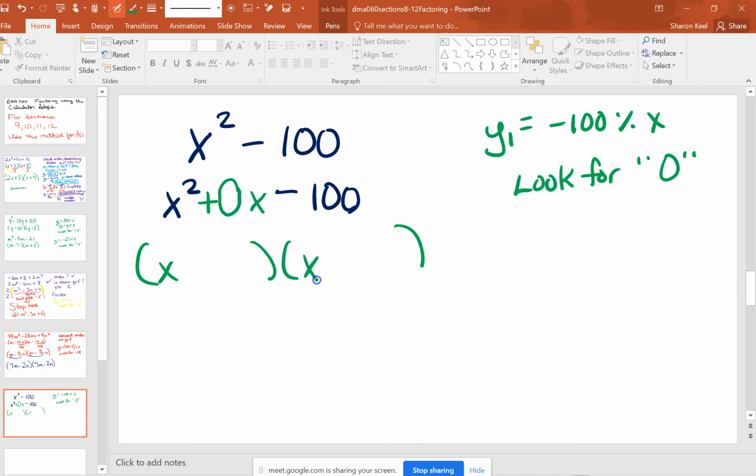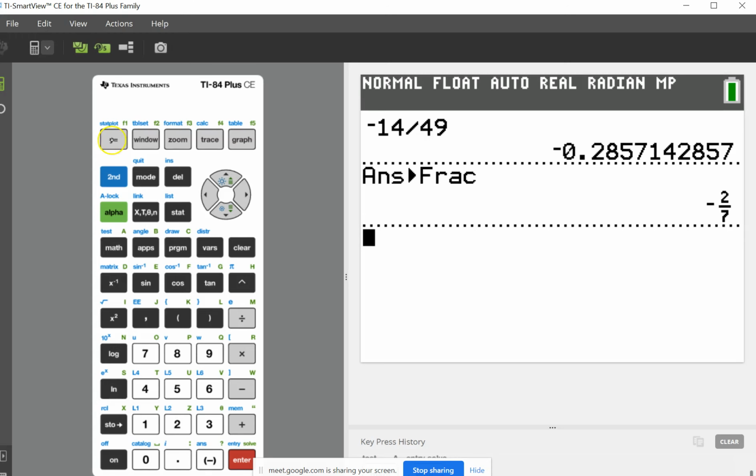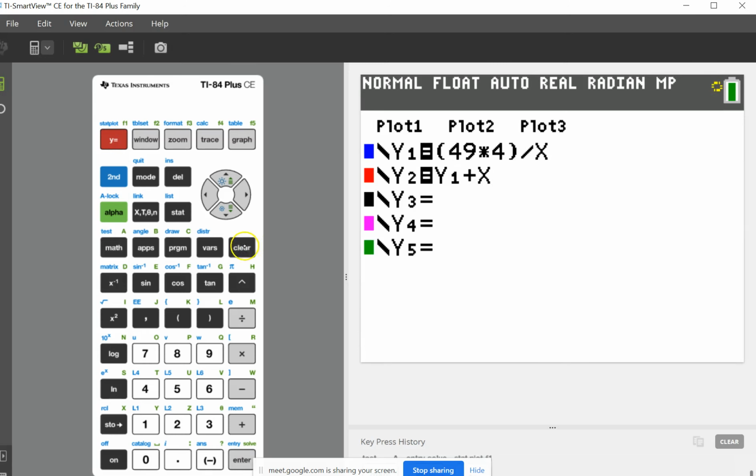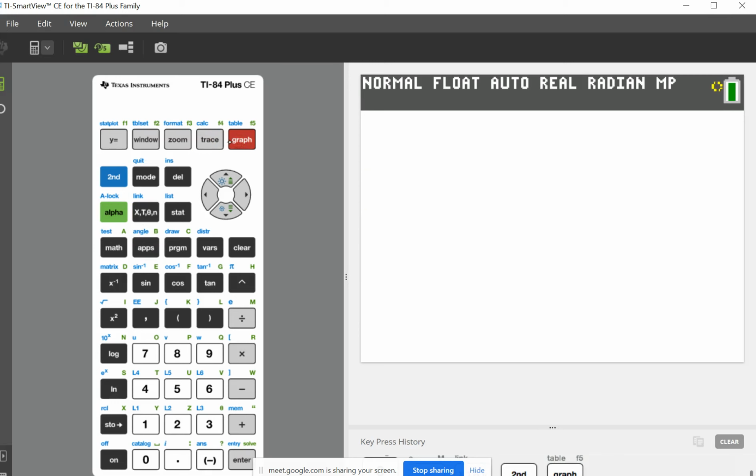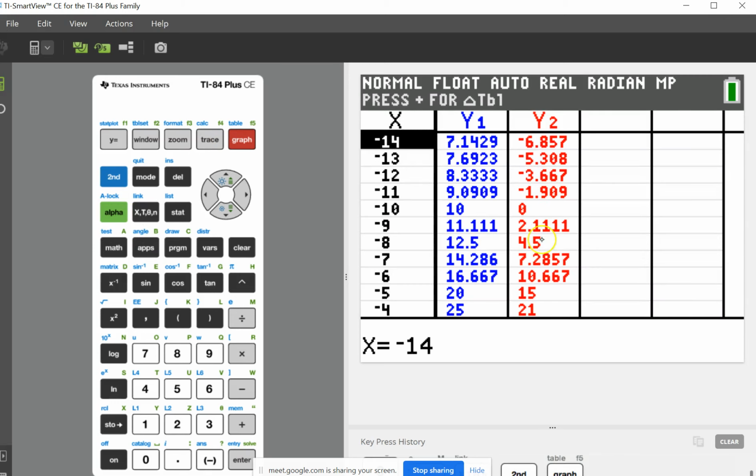They both start with X. A and C is a 1 and a negative 100. Our B is the 0. So Y equals, hit clear. Negative 100 divided by X. Second table, look in the third column for a 0, and you find a positive 10 and a negative 10.